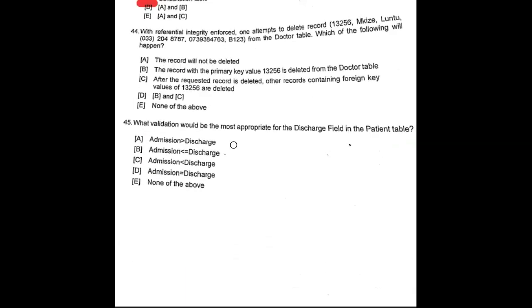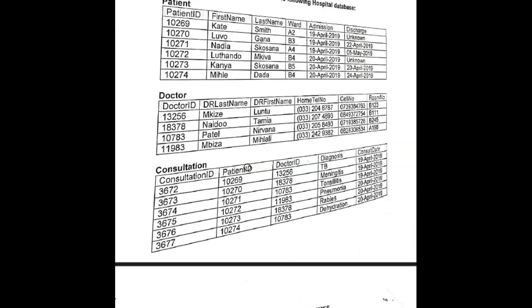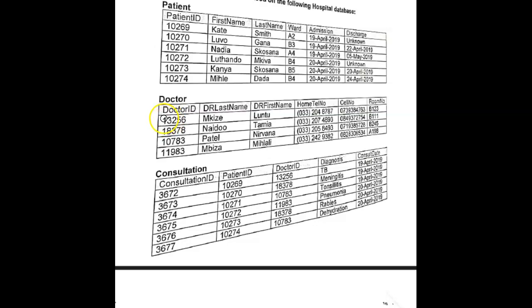So now if you're going to delete the record, in general, if you delete any record in the doctor's table, so let's say this whole record is M Keezy record, right? This whole record here, you delete. Because this is the primary key, this doctor ID here, and obviously this is the foreign key.